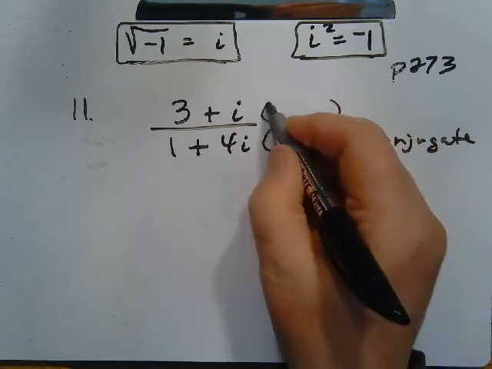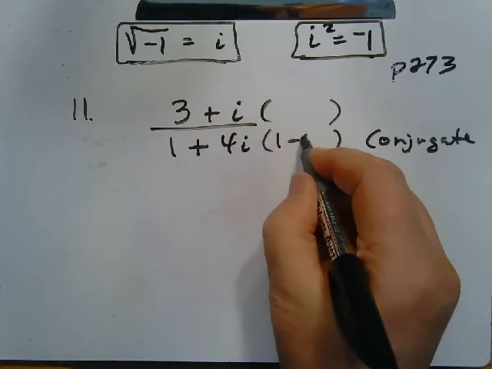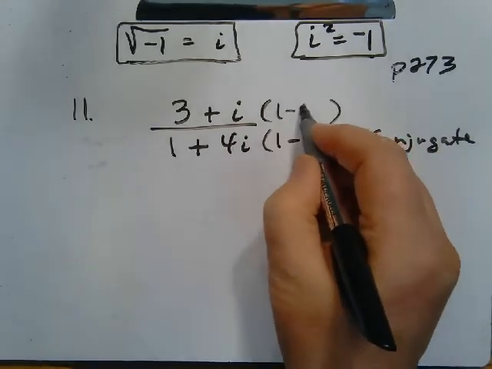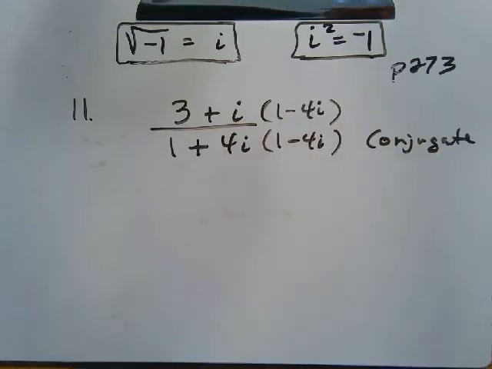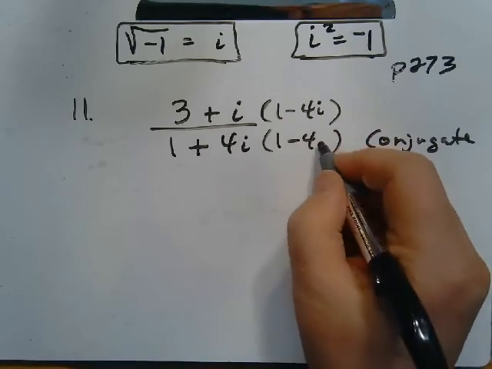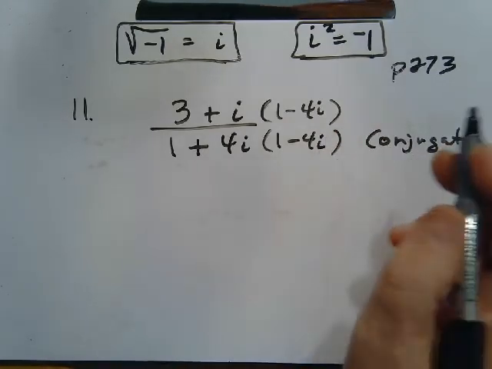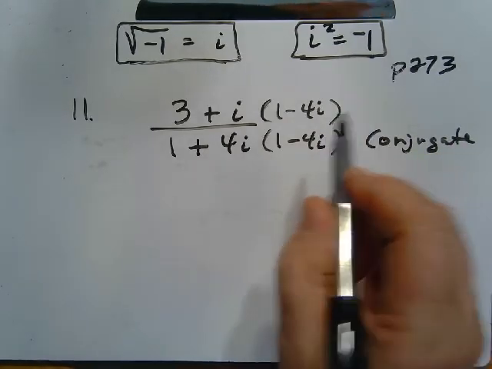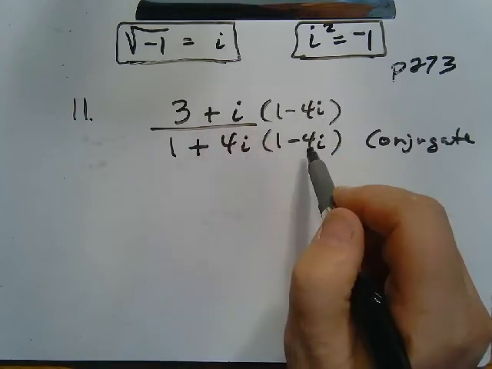Oh yeah, I'm going to multiply top and bottom by 1 minus 4i. And if you recall, the reason we did that is it caused the middle terms to go out. And we're hoping that that will work and get rid of this i in the denominator. In fact, it will. So we're going to FOIL both of these.